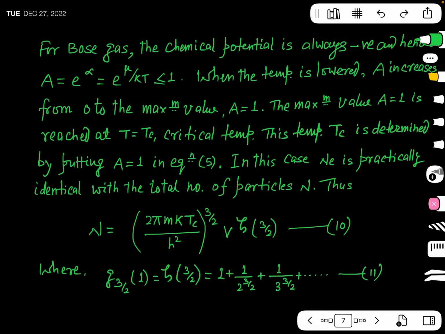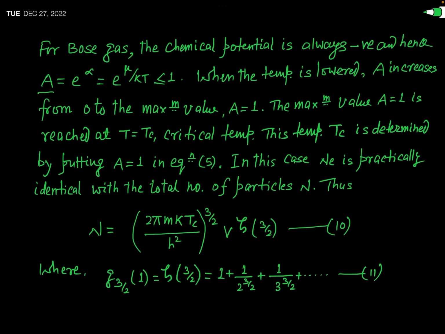And as its chemical potential is always negative, you can see that this A, which is equal to e to the power alpha, where alpha is equal to mu by kT, so A is equal to e to the power mu by kT, will definitely be less than or equal to 1.